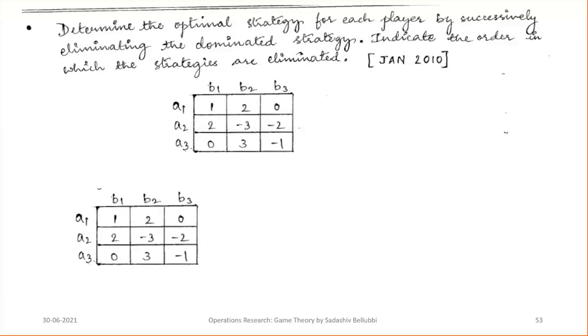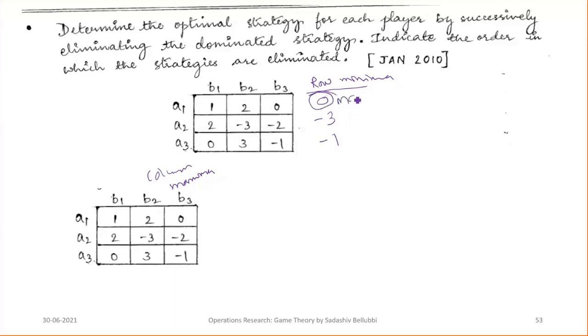First, we need to identify whether a saddle point is present or not. For that, we already know we need to find the row minima and the column maxima. The row minima are 6, -3 as the smaller values, and this is -1. Out of all these, this is the maximum.